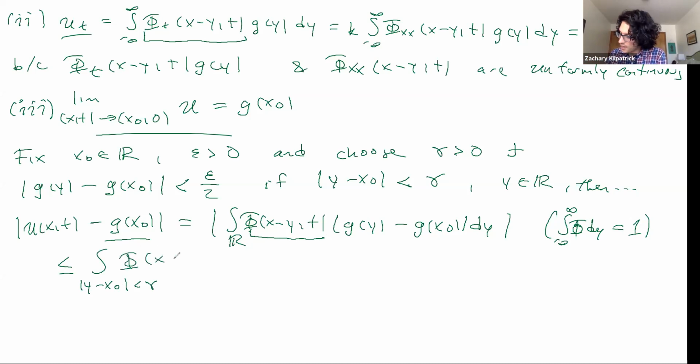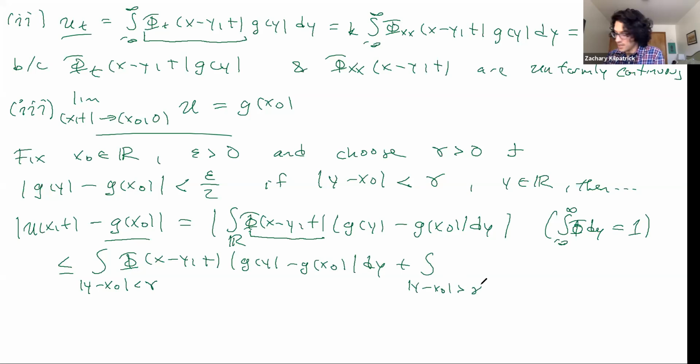So phi of x minus y,t, g of y minus g of x0 dy, plus the rest of the domain. So wherever y minus x0 is greater than delta, phi of x minus y,t, g of y minus g of x0 dy, okay?